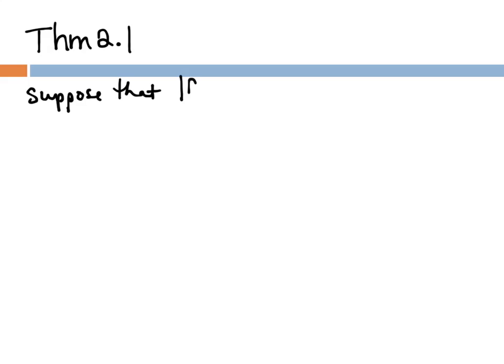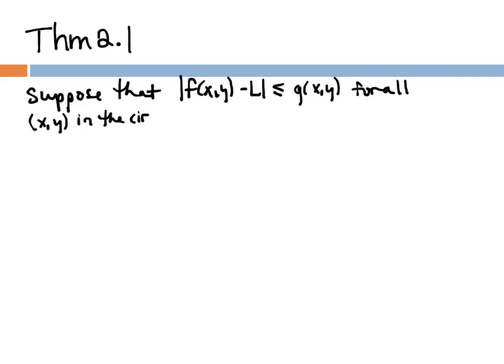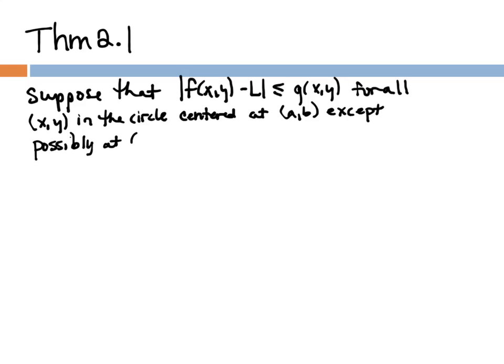Suppose that |f(x,y) - L| is less than or equal to g(x,y) for all points (x,y) in the circle centered at (a,b), except possibly at (a,b) itself. Okay, so we might have to exclude that point just like before.